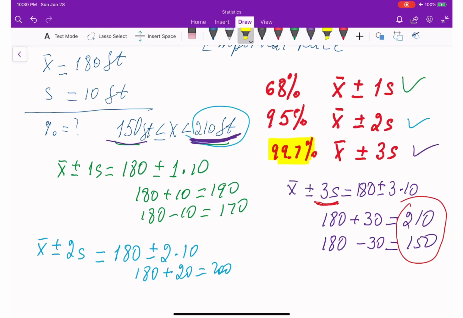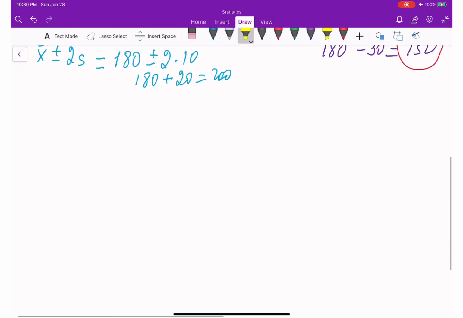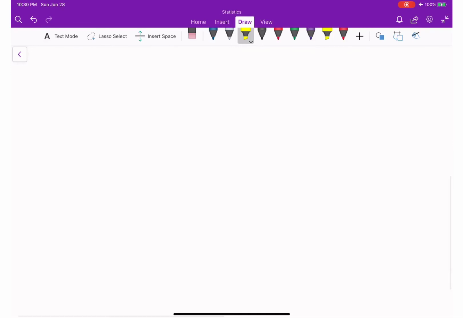So from here, we can draw conclusion that 99.7% of white pines are between 150 and 210 feet. That's all. Till next problem.